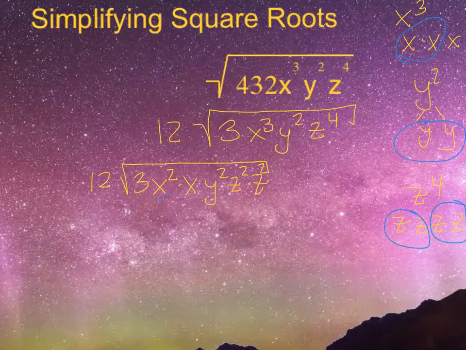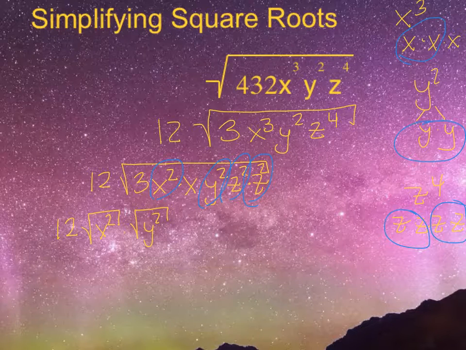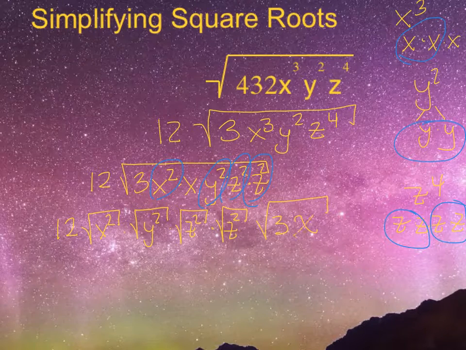Alright, so where are our perfect squares in here? Right there, right here, and right here. So let's pull those out. We've got 12, and we've got the square root of x squared times the square root of y squared times the square root of z squared. We could have even written that as z to the 4th because that's a perfect square. And what do we have left over here? We've got 3 and an x.